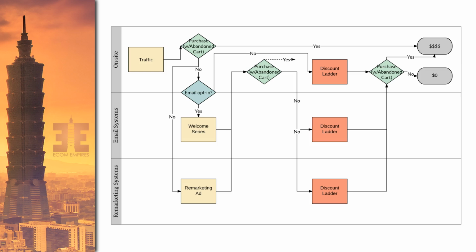There's a welcome series for people that opt in somewhere on your site, maybe for a discount that you're offering them: "Hey, don't leave yet, opt in here and get 10% off." And then there's the abandoned cart series for people that actually make it to the cart page but then abandon. And finally, the fourth thing is retargeting or remarketing, where we show them ads as they leave the site to bring them back and try to get them to make a purchase.